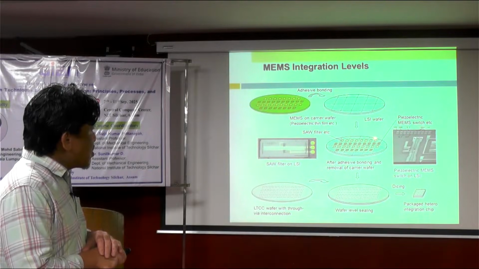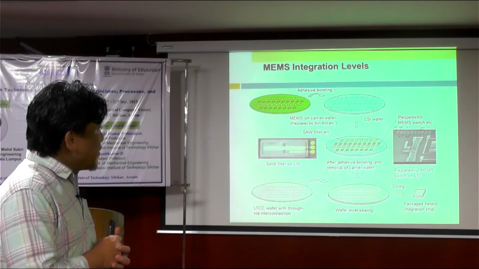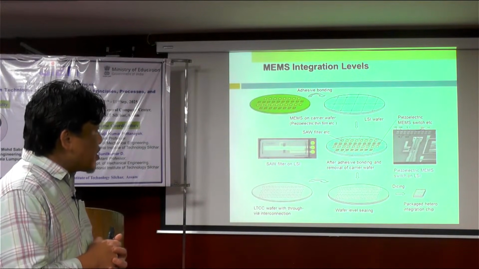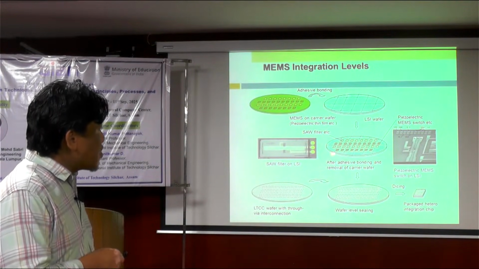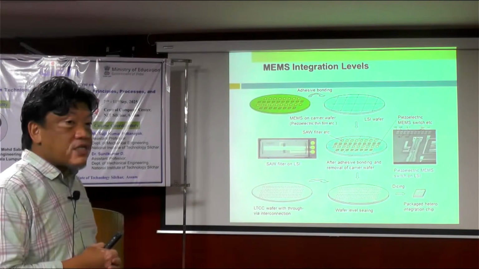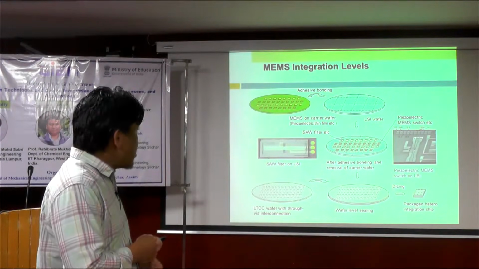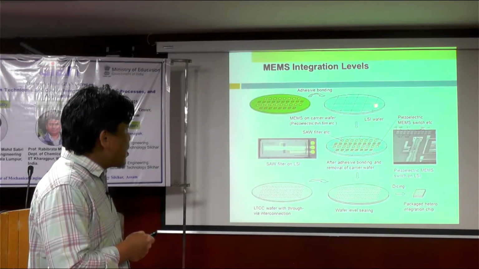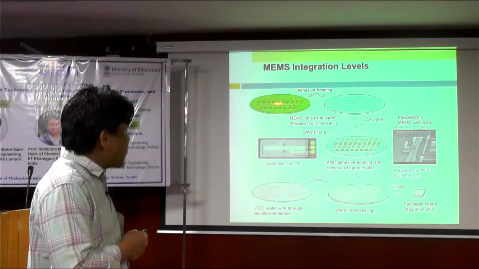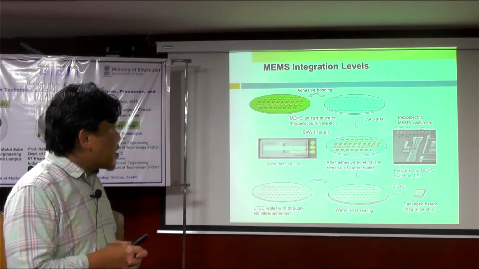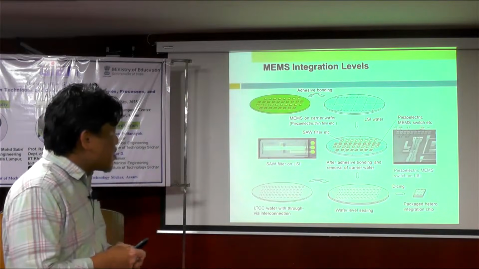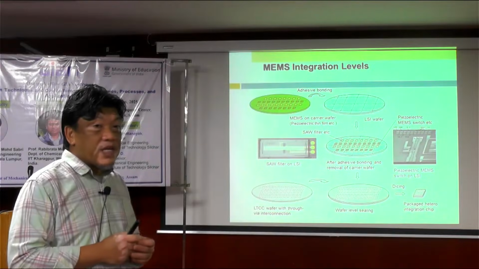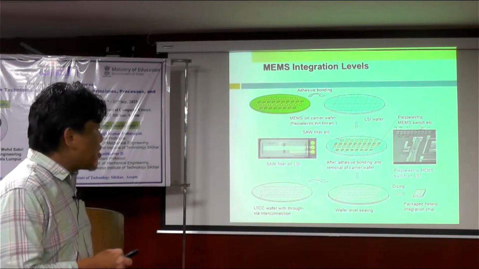This integration also needs to be done in a very careful manner, because adhesive bonding is not that straightforward. It requires a lot of attention. And then the alignment of the wafer, the component at the bottom, and this MEMS device also requires careful alignment, because we are dealing with micrometer and nanometer scale alignment.